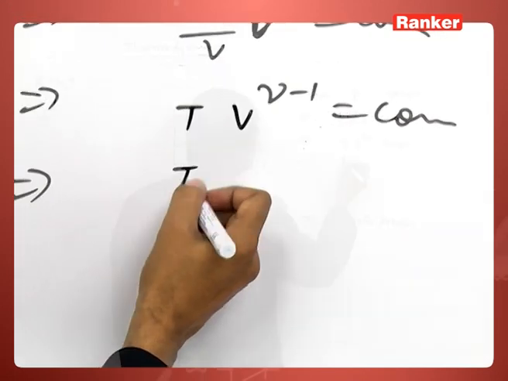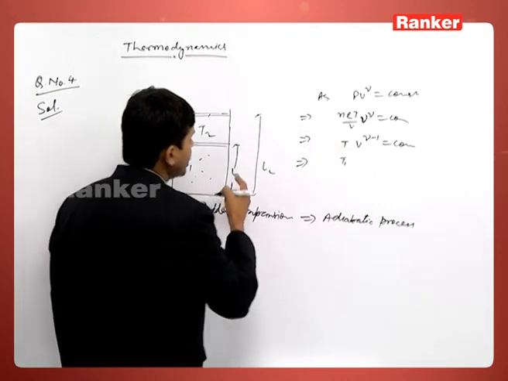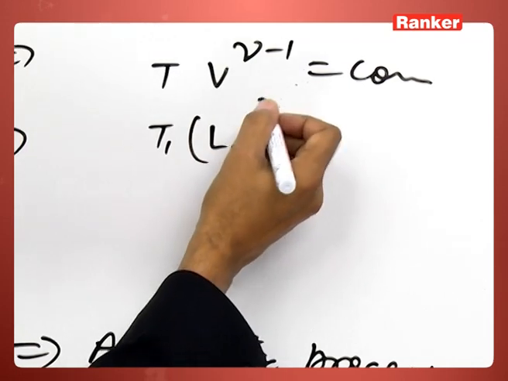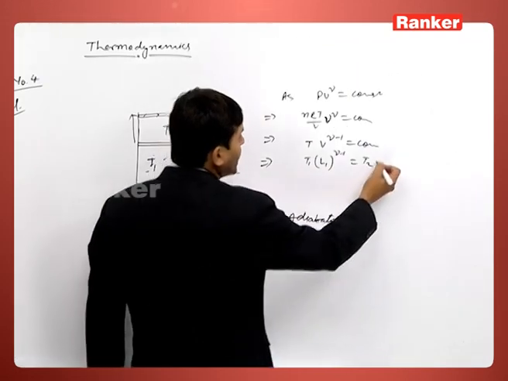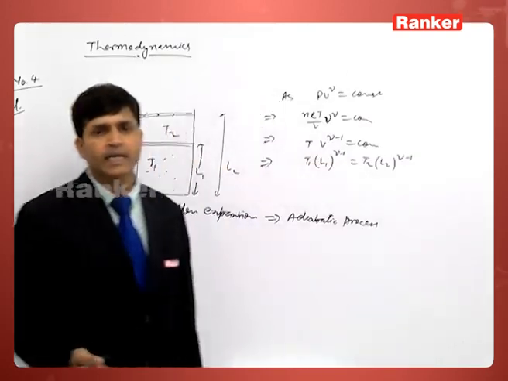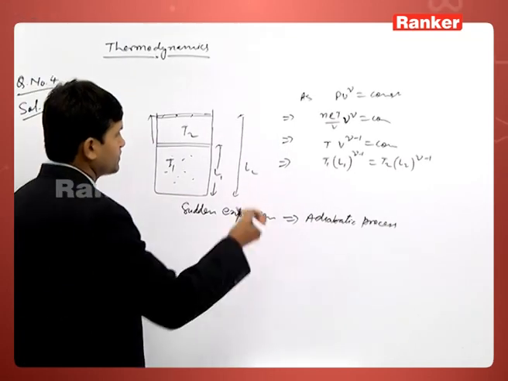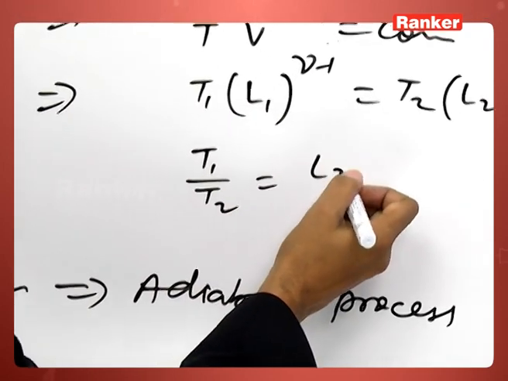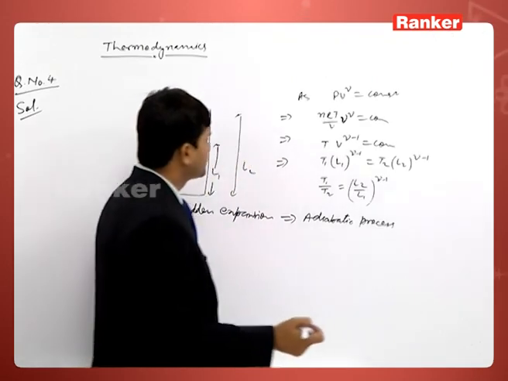Initial temperature T1, initial volume V1 means length L1 because the area is the same, L1 to the power gamma minus 1, final temperature T2 and length L2 to the power gamma minus 1. And then we have to find the T1 by T2 value. See, T1 by T2 is (L2 by L1) to the power gamma minus 1.